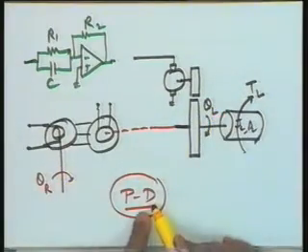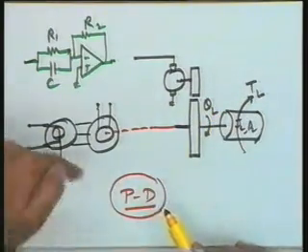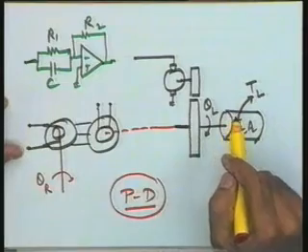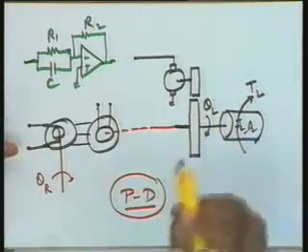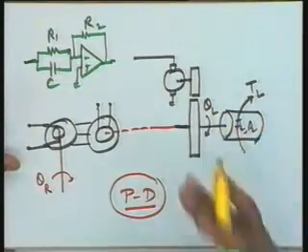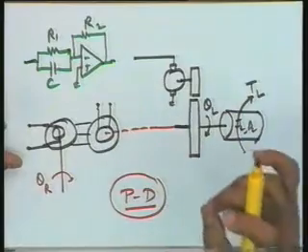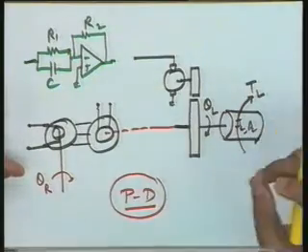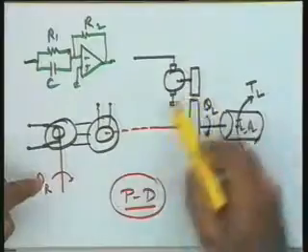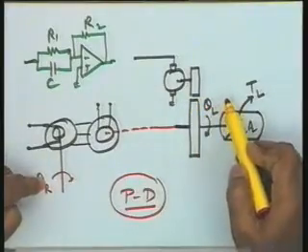You will not like to take the derivative of the carrier and feed it to the motor. You will like to take the derivative of the envelope only, because the envelope is the information signal which gives you the information about the error between theta r and theta l.